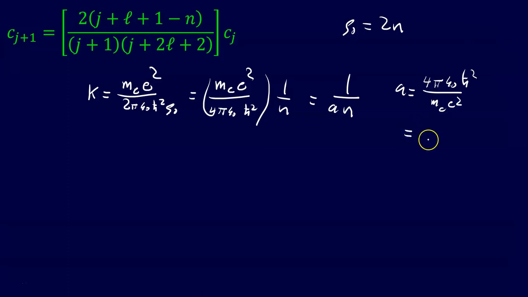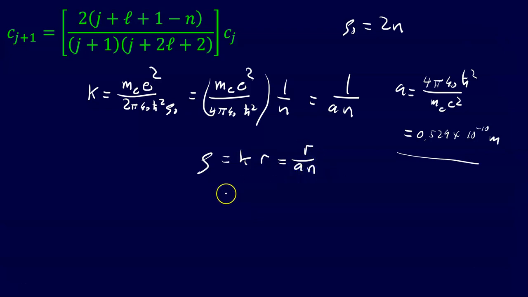So this has units of length, and when you figure this out, you get 0.0529 times 10 to the negative 10th meters, which was the first radius that Bohr got with his Bohr model of the atom. And more importantly for us, this is how we're going to define this rho. So now at this point, it's just a matter of unpacking everything that we have. And so this kappa times r will be like r over a times n.